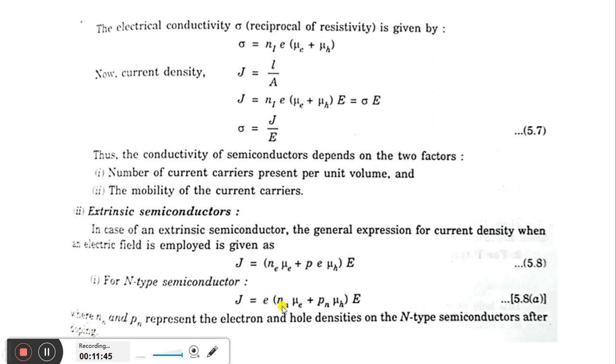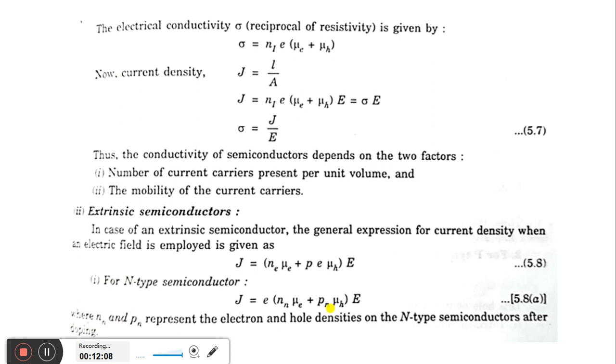The same expression can be written for the p-type semiconducting material, only we change the suffix to p, that is, Nn will be changed to Np and Pn will be changed to Pp. Rest all things remain the same.